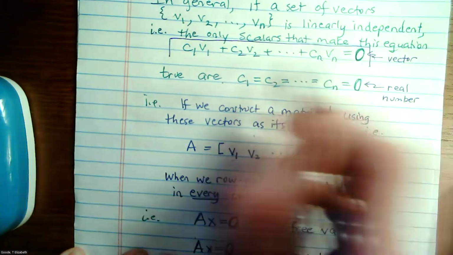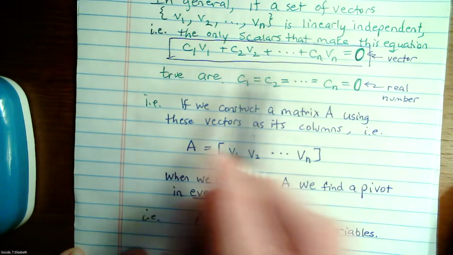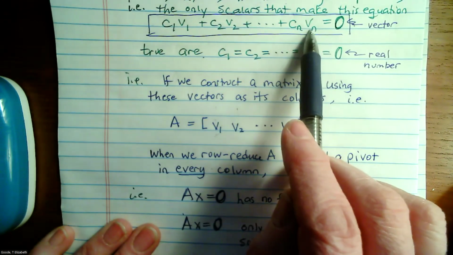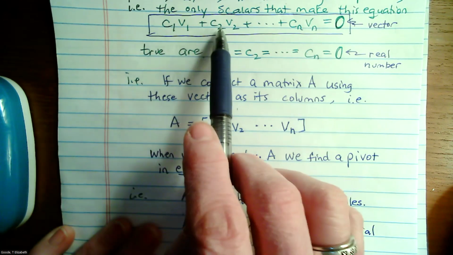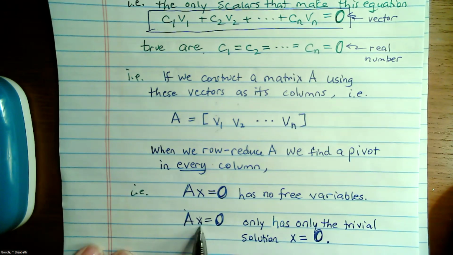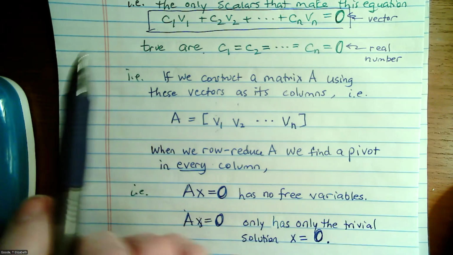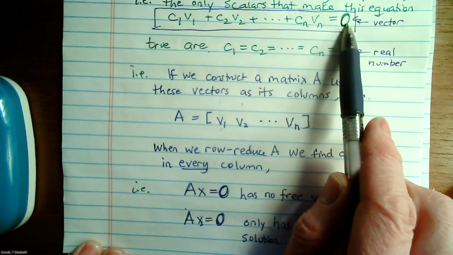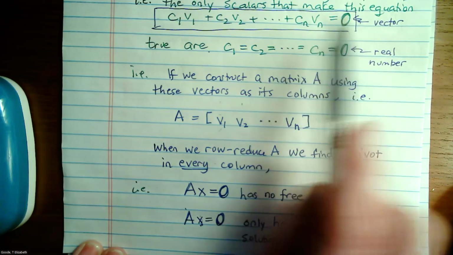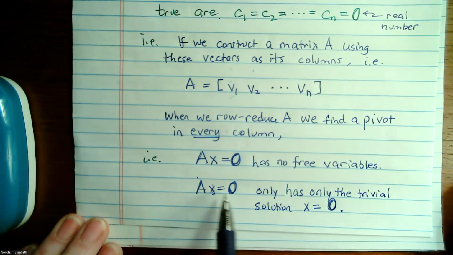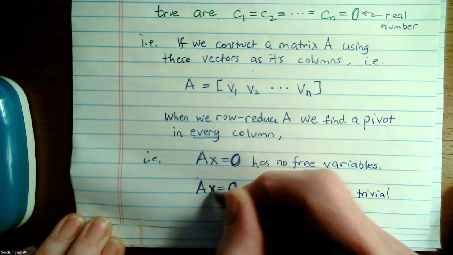But that's really what this means. This equation right here is the columns of A being weighted with scalars. Those scalar weights are the coordinates of a solution X. If the only way to get this equation to be 0 is for all of these coordinates to be 0, that's the same thing as saying that this vector x is only the zero vector.